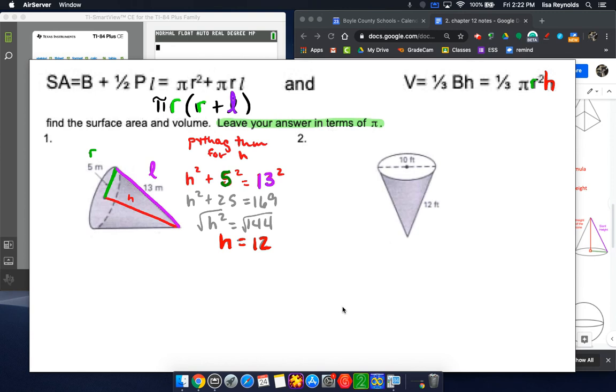Okay, now that we know the radius, we know the height, we know the slant height, and we're going to leave it in terms of pi, we're ready to calculate. So our surface area is pi times our radius squared plus pi times our radius times our slant height.